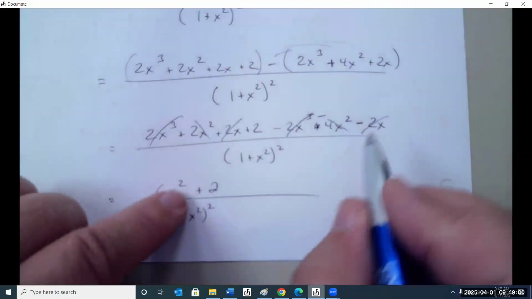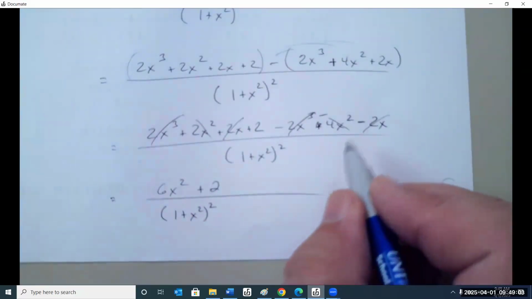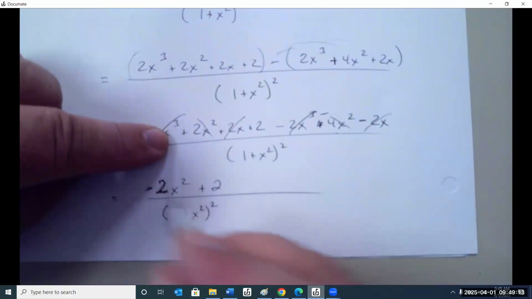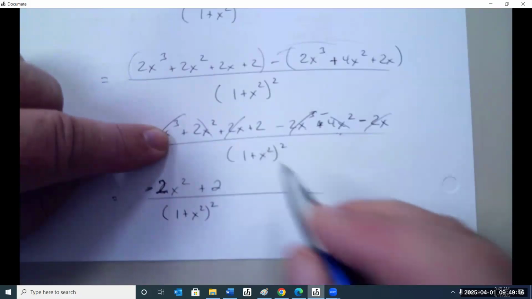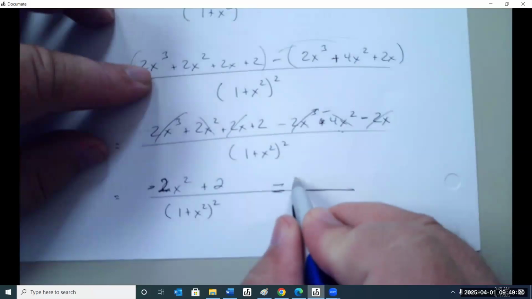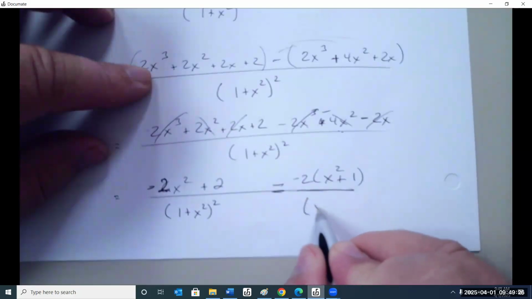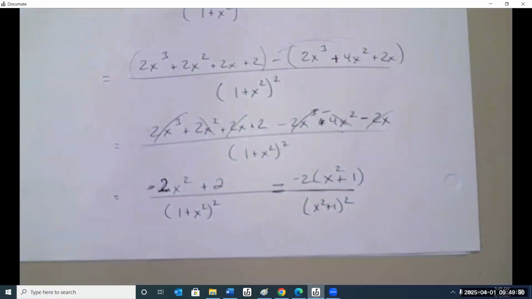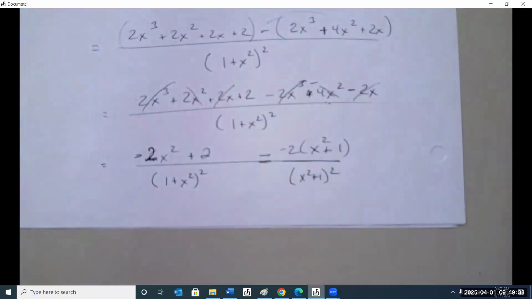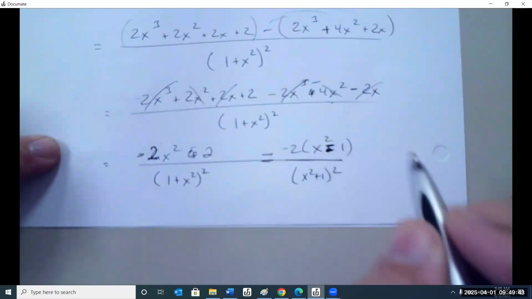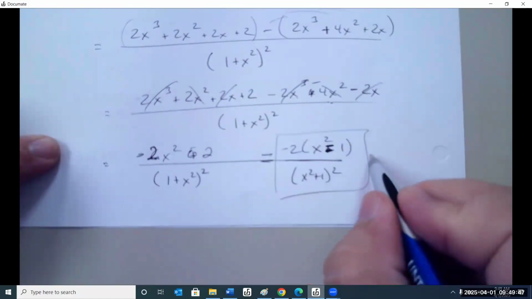So the 2x cubes cancel. So we should have negative 2x squared plus 2, which should give me negative 2x squared plus 1, over x squared plus 1 squared. So this is my first derivative.